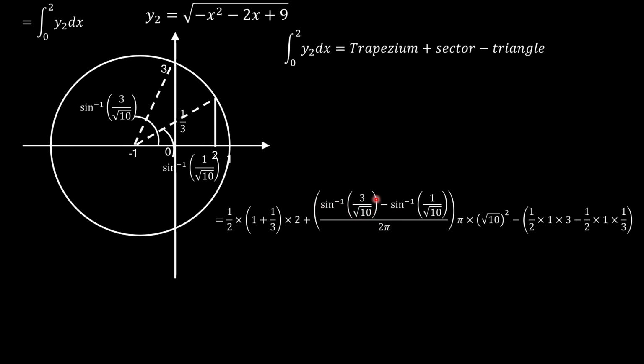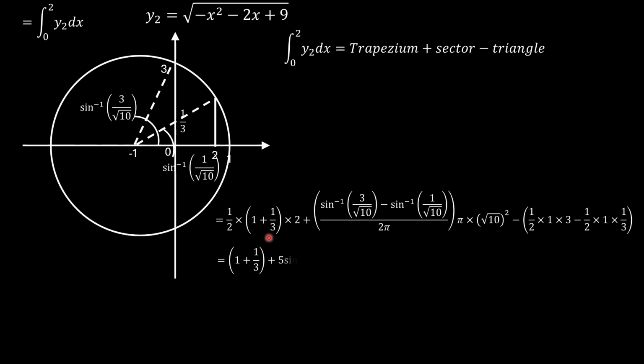So arcsine of 3 over root 10 minus arcsine of 1 over root 10, over 2 pi, times the radius, which is root 10 squared, minus the area of this big triangle, which is a half times 1 times height, which is 3, minus half times 1 times a third, which is the height.